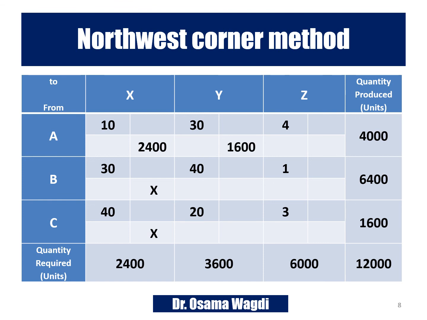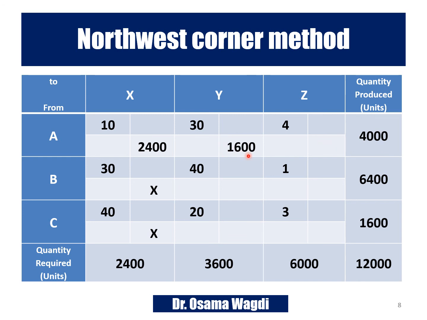Then we're going to make another comparison. If I'm going to choose 1,600 or 3,600, of course we are going to choose the least number, which is 1,600, and we write it down here.